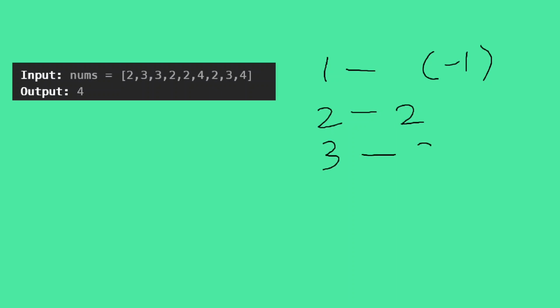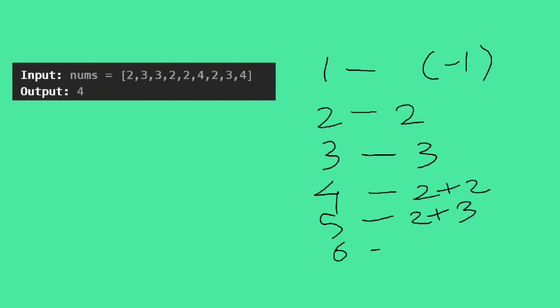If there are 3, then I can just remove them with the operation of removing 3 items, basically. But if there is 4, then we have 2 plus 2, right? For 5, we have 2 plus 3. 6, we have 3 plus 3. 7, this can convert into 2 plus 2 plus 3 again.